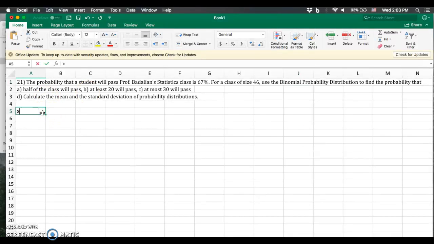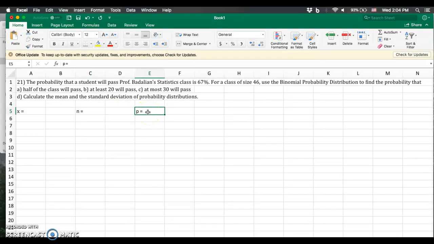So we're going to figure out what x is, what p is, what n is. I'm going to switch the positions, n and p. So x stands for what we are looking for, and this is going to change from problem to problem. N is the number of trials, or you can also treat it as the sample size.